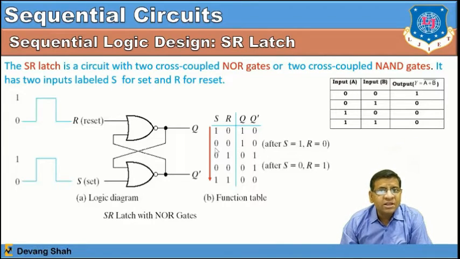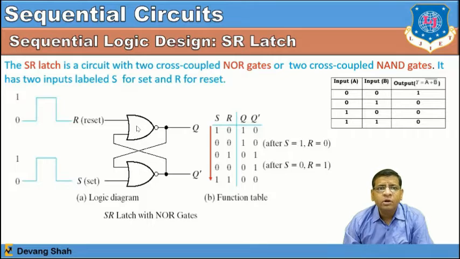So if set is 0 and the previous is 1, see 0 and 1, your output becomes 1, so your Q bar becomes 1. That means Q must be equal to 1. So here you can see in this latch there are two NOR gates cross coupled with each other, and one of the outputs is, let's say, Q, the other one is Q bar. There is always a pattern where one of the outputs is the complement of the other output, right?